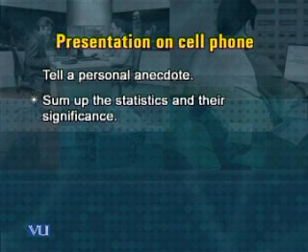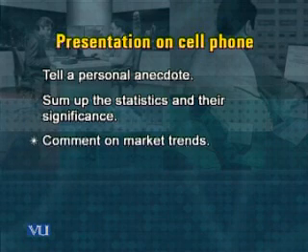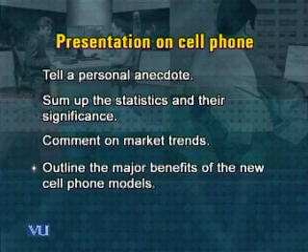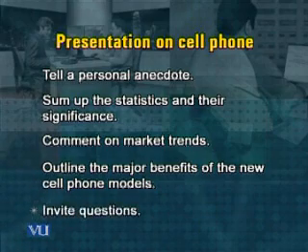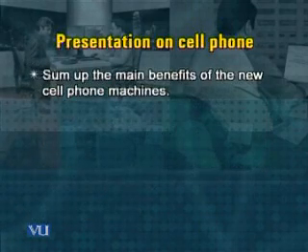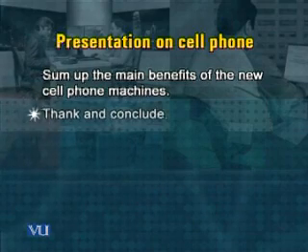Sum up the statistics and their significance, comment on the market trends, outline the major benefits of the new cell phone models, invite questions, sum up the main benefits of the new cell phones, thank and conclude. So you can see that this presentation is a very small one. It just has 12 points, the way you are to make a presentation.